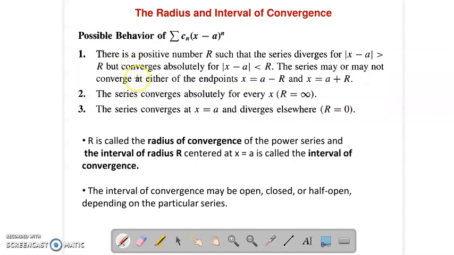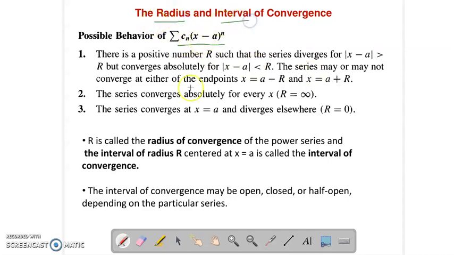Now we have already discussed the power series and its interval of convergence, or the values of x for which it is converging. Now we are going to introduce two more terms, the radius of convergence and the interval of convergence. But I hope that by now you already have an idea what an interval of convergence is. Let's see the possible behavior of this series and introduce these terms.